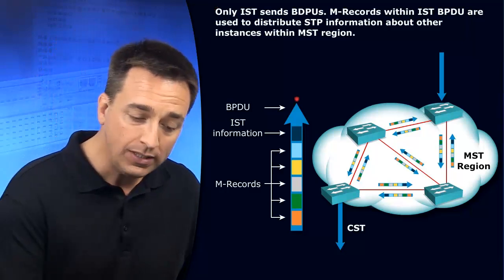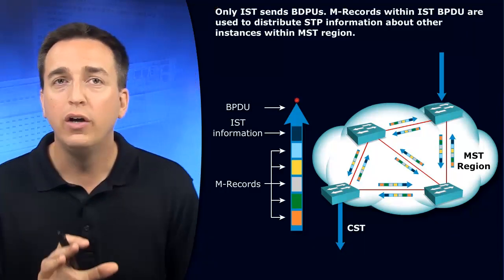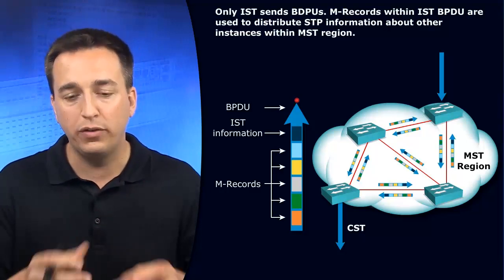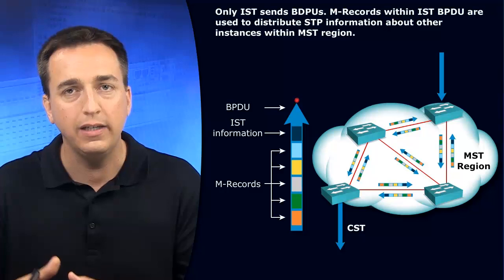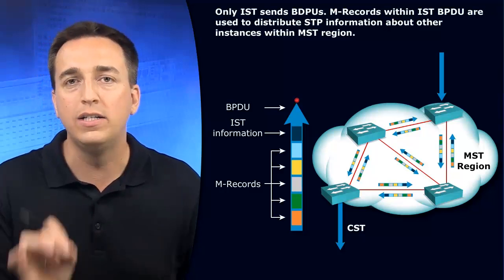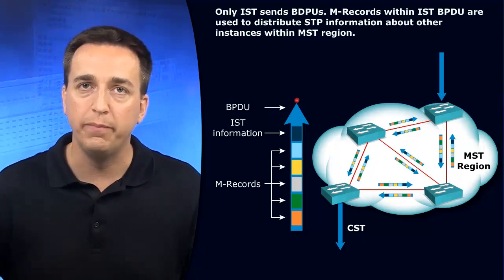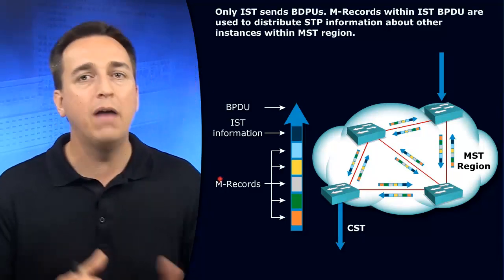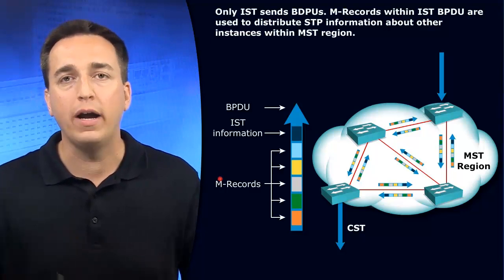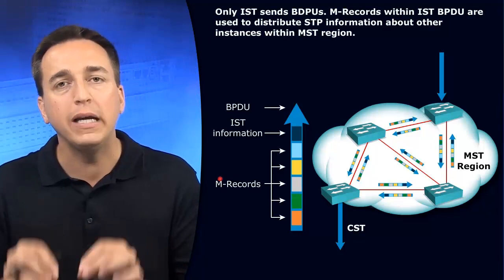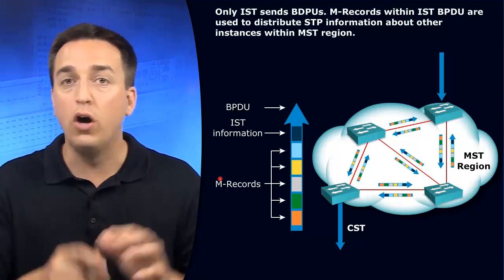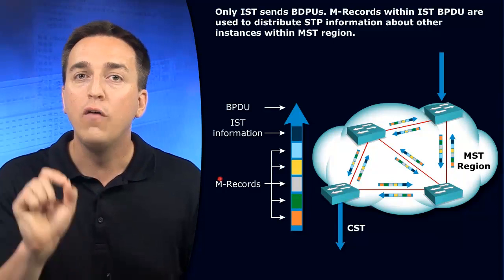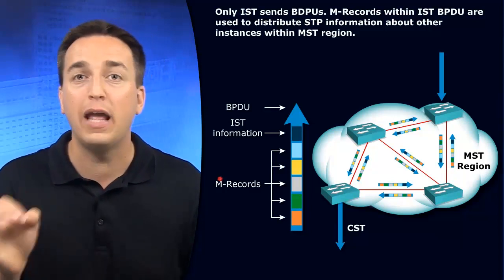However, inside of this BPDU, there is very important information. And it is the information about the different MST instances that are contained within that MST region. And these MST instances are represented by M records. So the M records are going to describe the information that is necessary for all the different MST instances to build the logical spanning tree for each and every single one of those different MST instances.